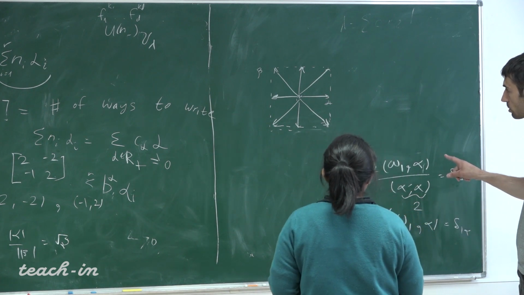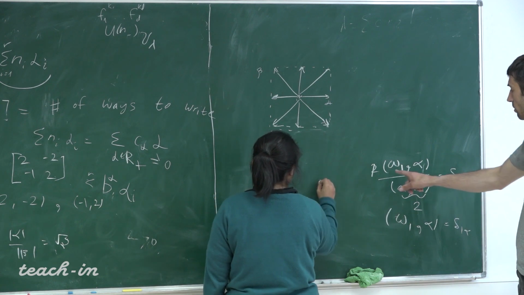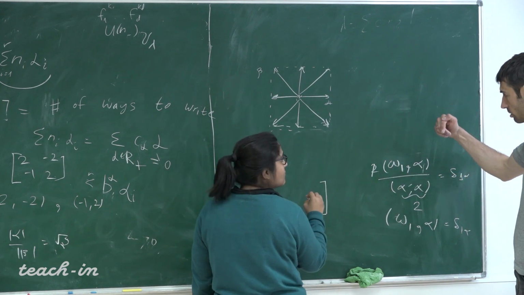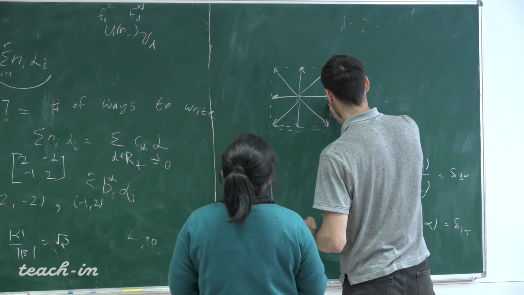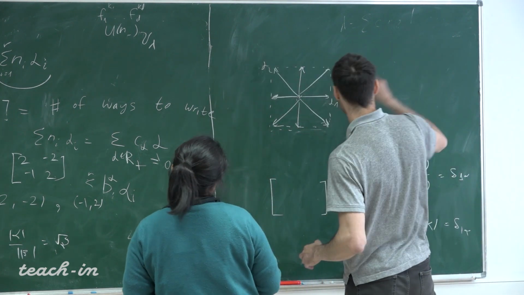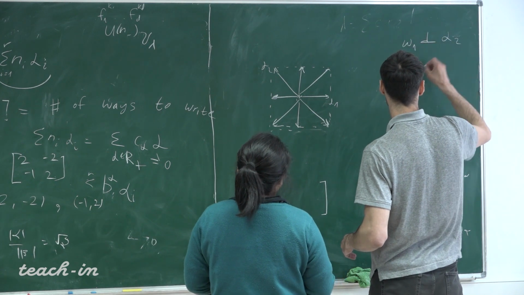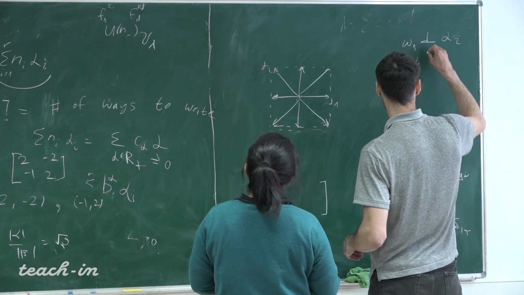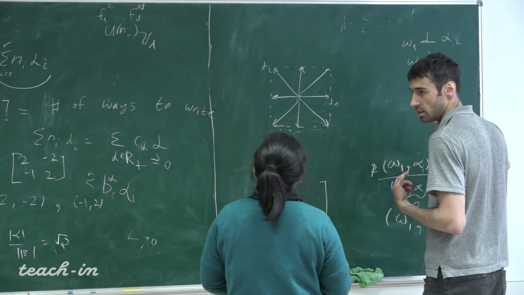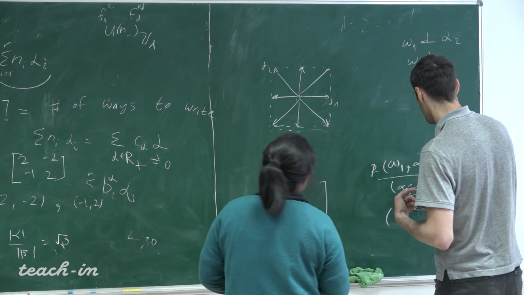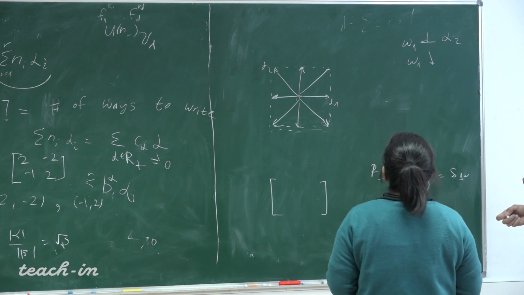So what you should make out of this is that your omega 1 is expressed with alpha 1, alpha 2. Your omega 1 is orthogonal to alpha 2, and omega 1 projects to half of alpha 1. That's what it says. So that's how you find fundamental weights.